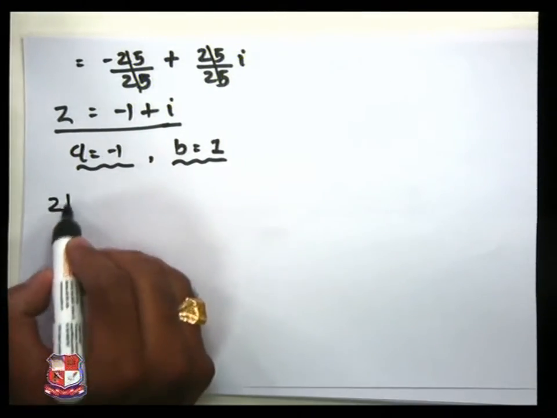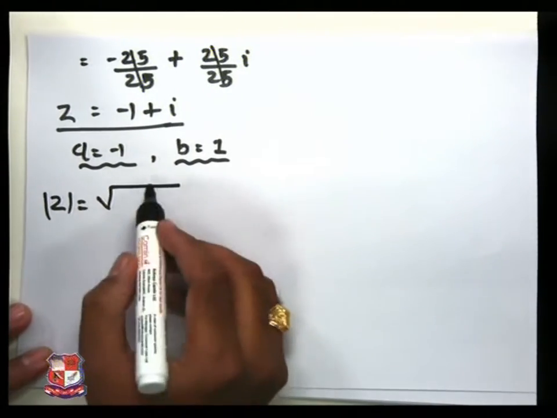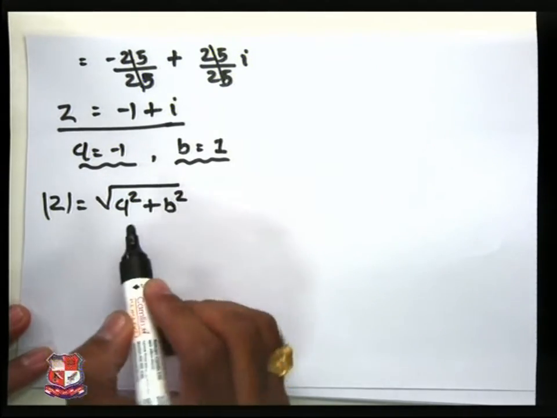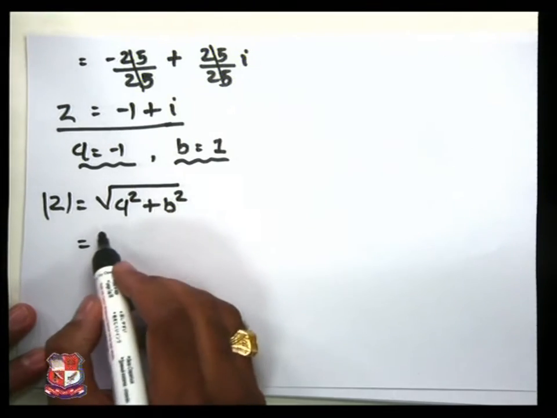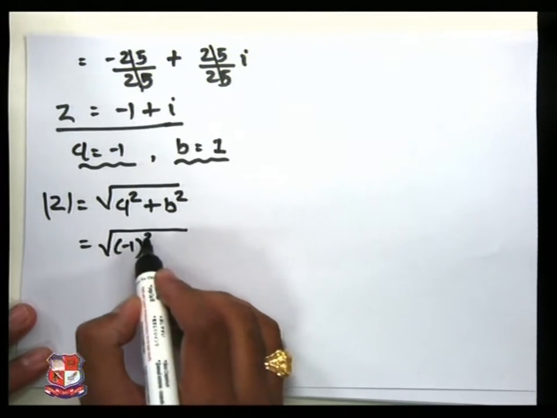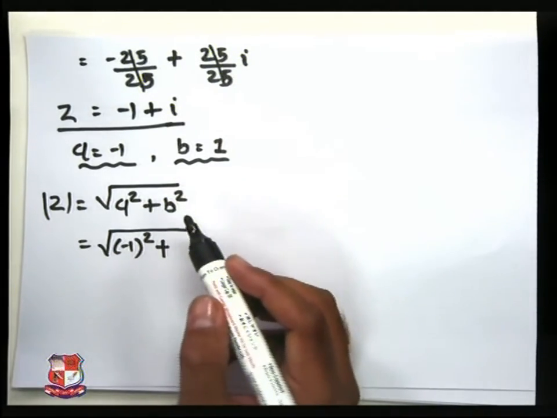Now mod of z is equal to the square root of a square plus b square. So we replace the a and b values here.